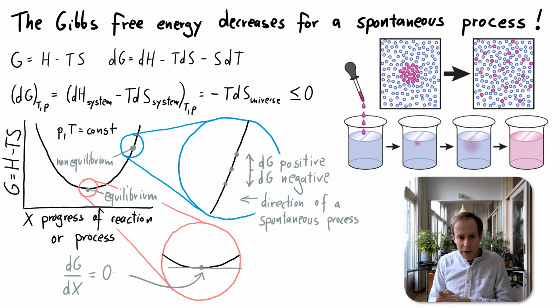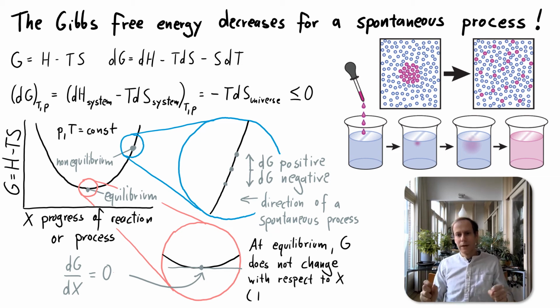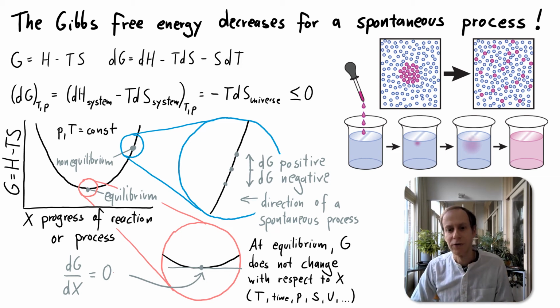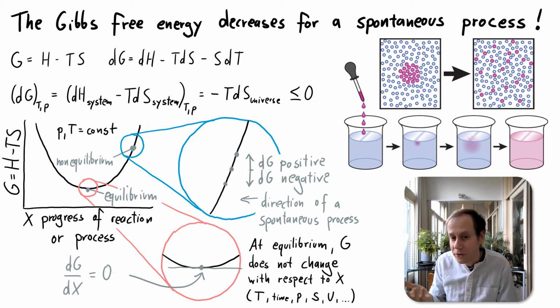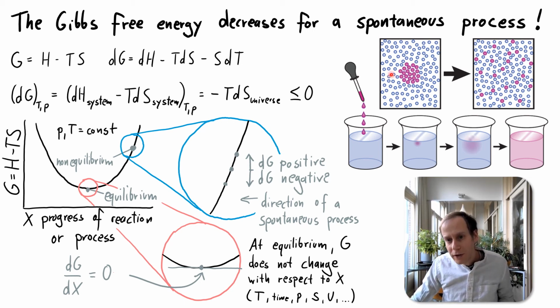At that position it will be 0, it does not change anymore, and therefore we can state at equilibrium the Gibbs free energy does not change with respect to that process variable x, which can be the temperature, the time, the pressure, or the entropy or internal energy of the system. So once the Gibbs free energy has decreased during such a spontaneous process, it will reach an equilibrium state at which the Gibbs free energy does not change anymore.